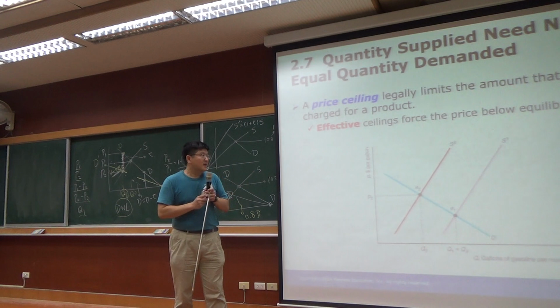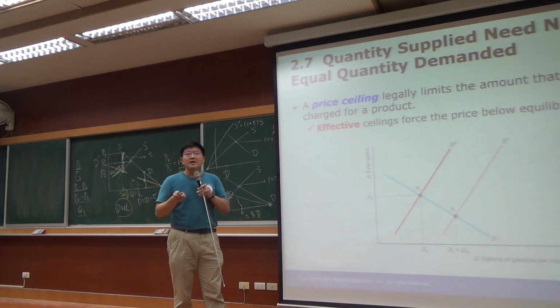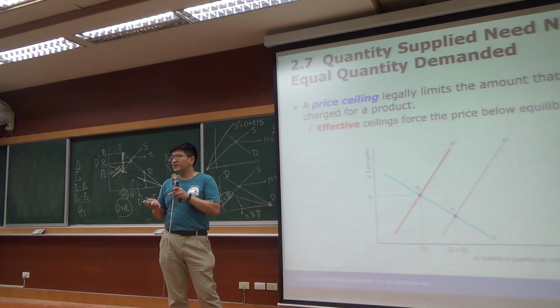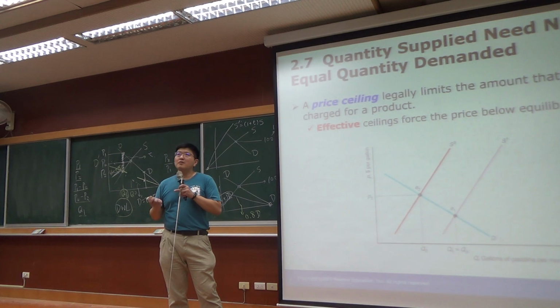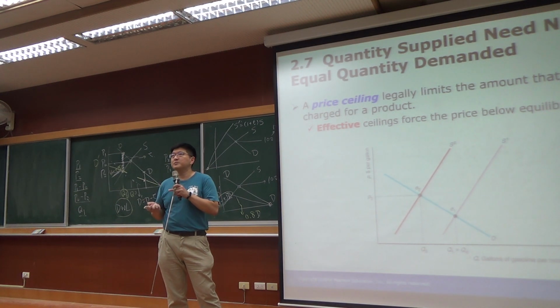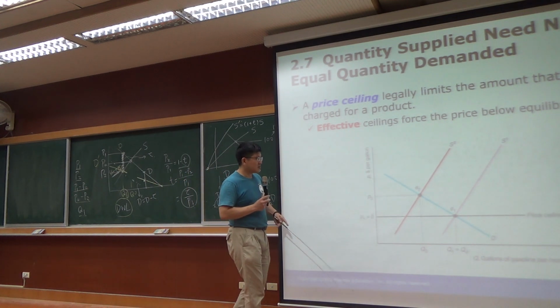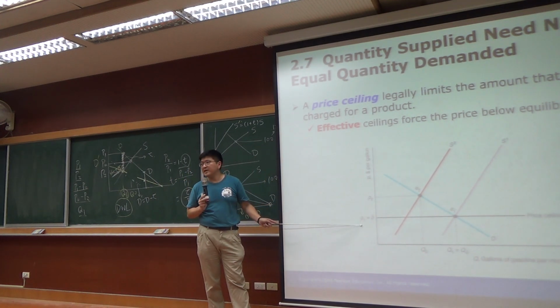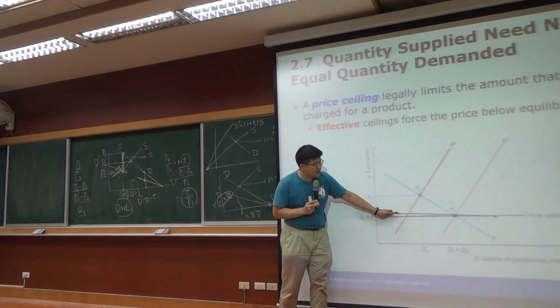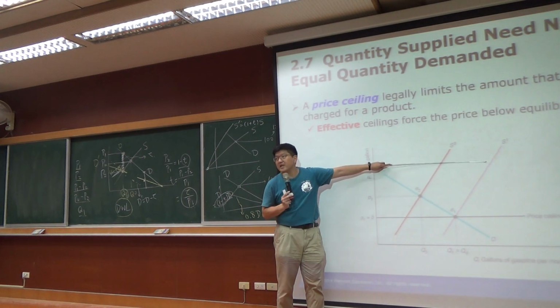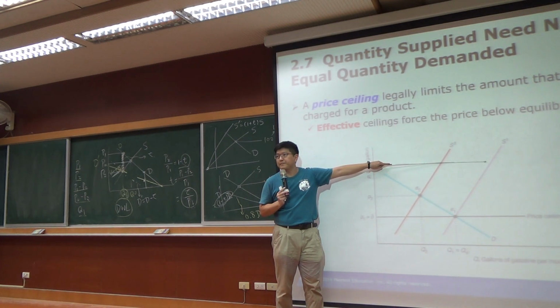And if the government is very kind, they say, we don't want the consumer to pay more than before, so they set a price limit here. We call it a price ceiling, which means prices above this limit are prohibited. It's not allowed, okay?